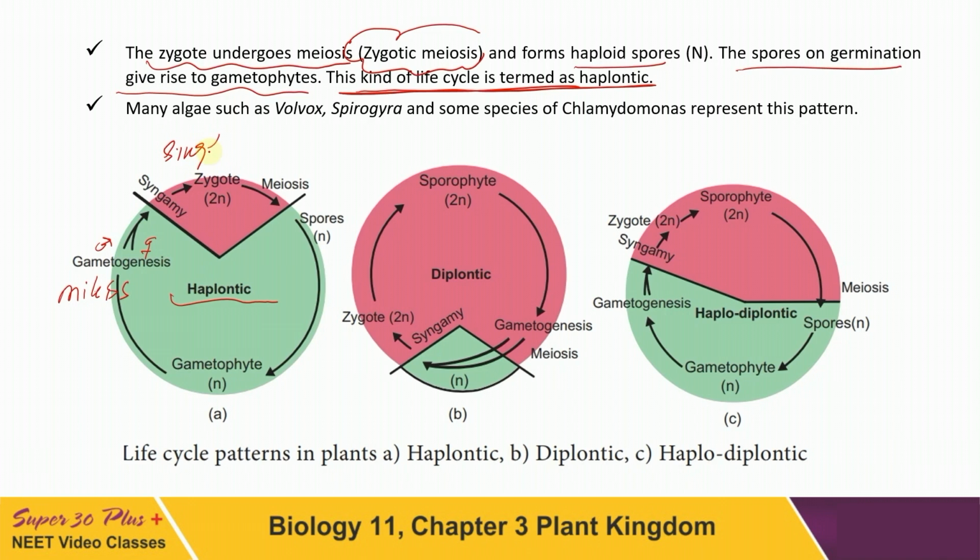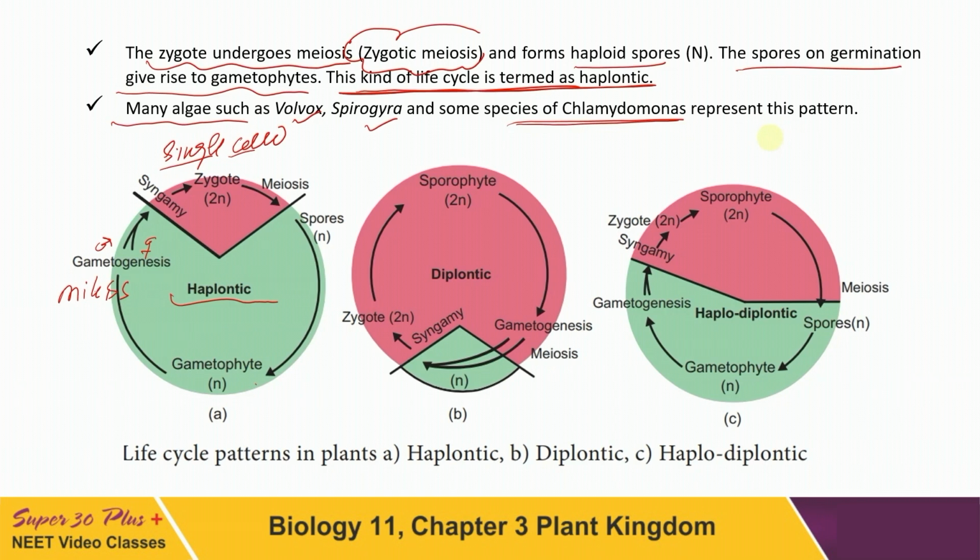It doesn't have an independent structure. The zygote ultimately divides by meiosis from the one celled stage, spores will be formed, and this is the haplontic stage. Most of the algae like Volvox, Spirogyra, and some species of Chlamydomonas show it. Chlamydomonas is a genus which may have a haplontic life cycle; some species of it represent this pattern.